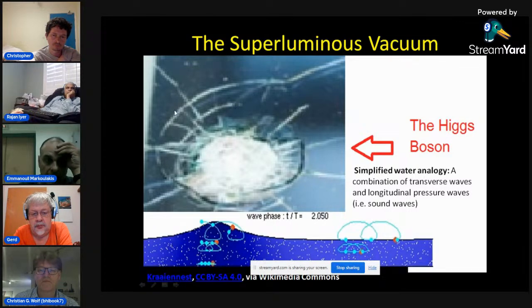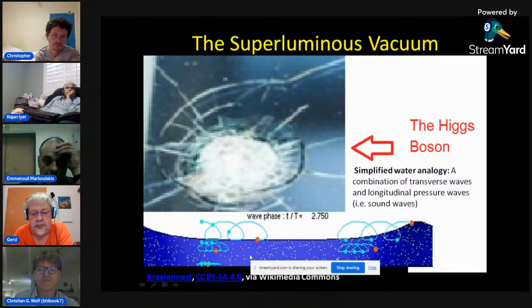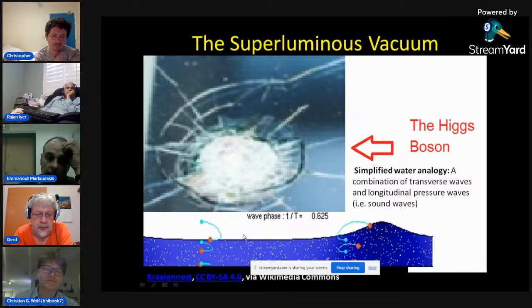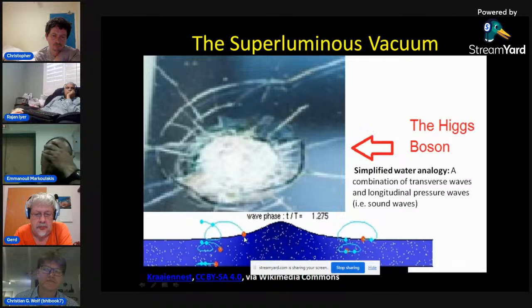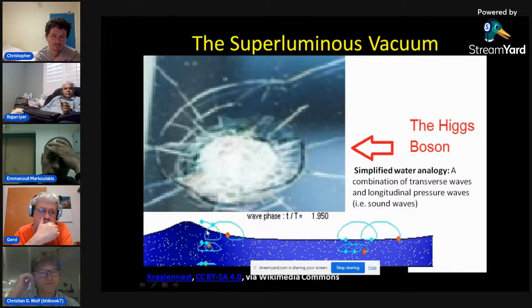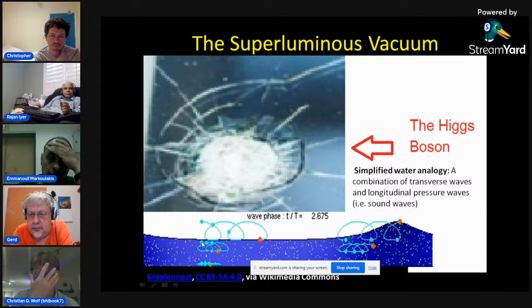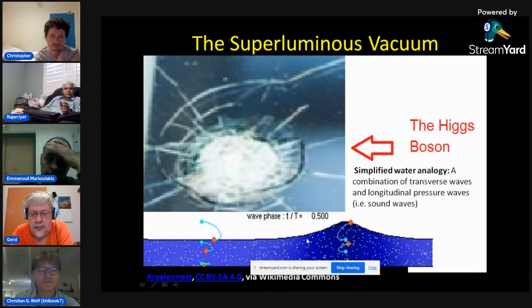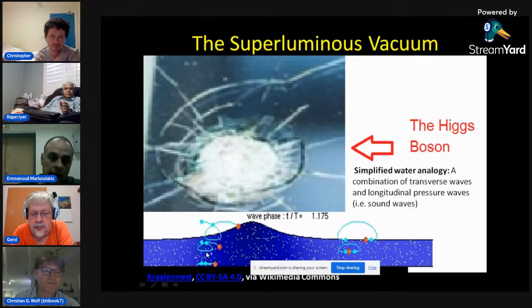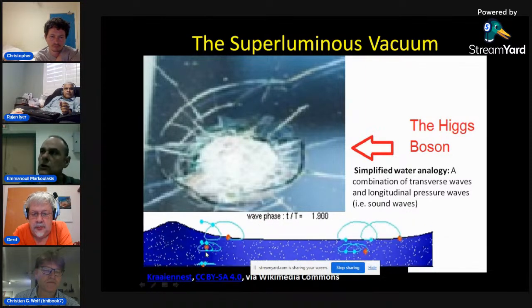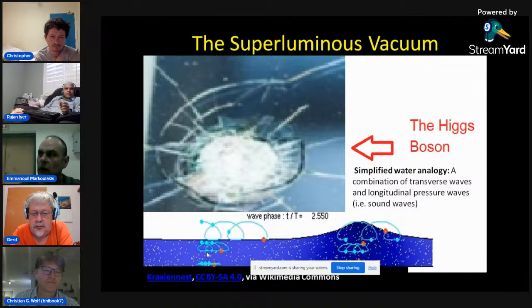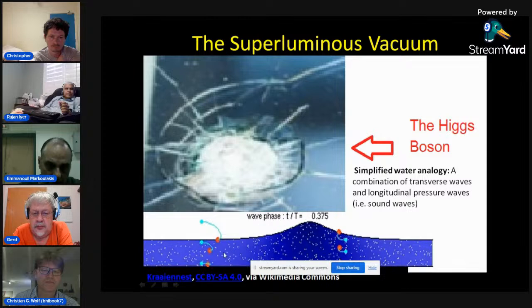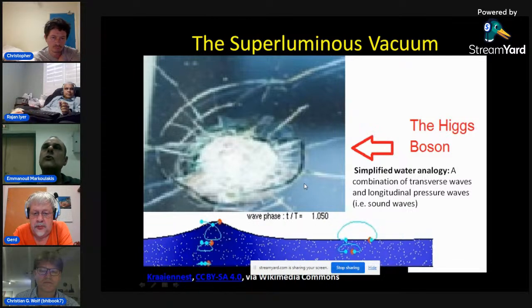The radial pressure wave is the sound speed inside water, about 2,000 meters per second. But the Z component of the transverse waves is much smaller and much slower.